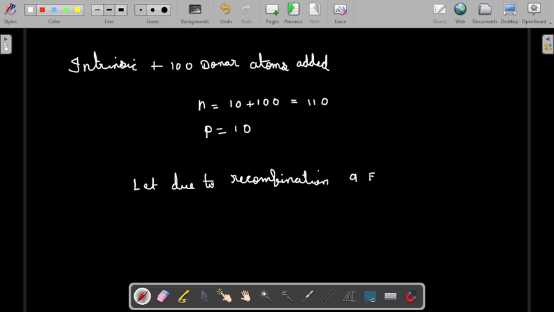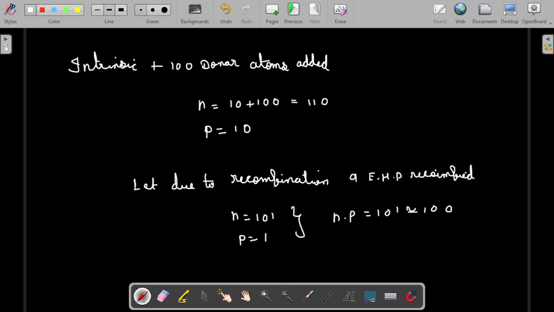Then n will be 101 and p will be 1. From this, n into p is equal to 101, which is approximately equal to 100. So here you see this is approximately equal to the donor atoms added. In this case only, the mass action law will be valid.